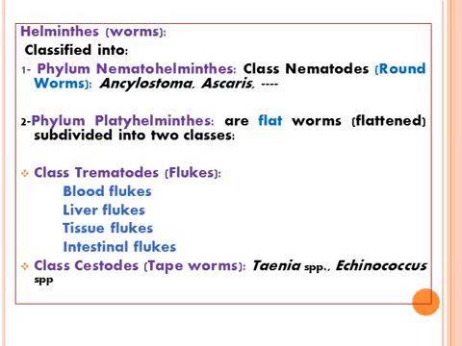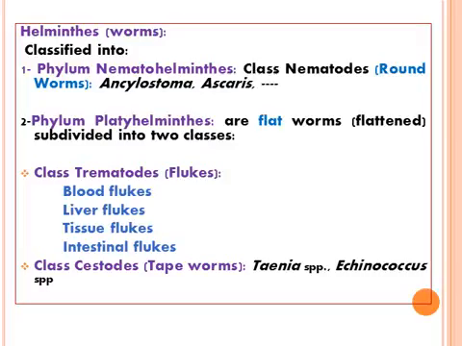Nematohelminthes include the class nematode or roundworm, with important species like Ascaris lumbricoides, Ancylostoma duodenale, Enterobius vermicularis, and so on. The second phylum, Platyhelminthes, is called flatworm because the adult is flat in shape.